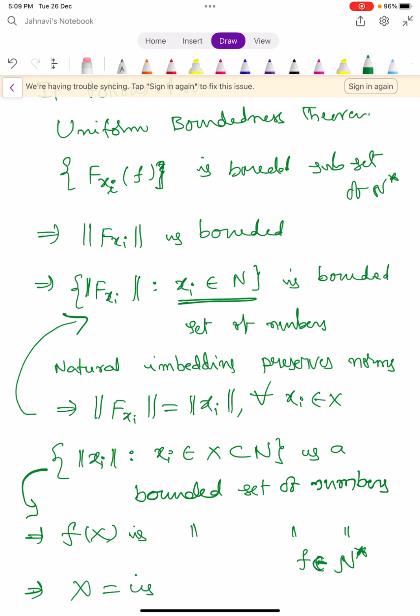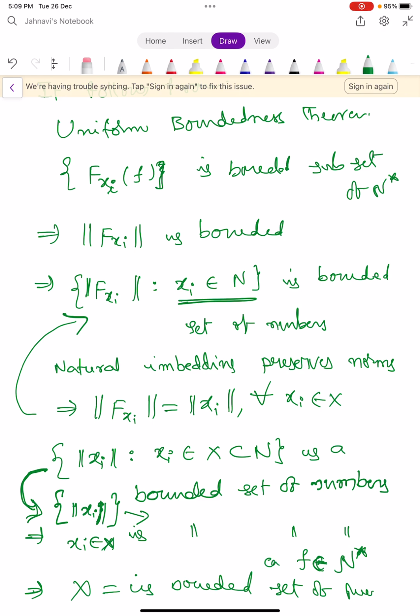Capital X is a bounded set. So here this is not f of X; I mean the collection of all norms, norm xi such that xi belongs to capital X, is a bounded set of numbers for each f belongs to N star.